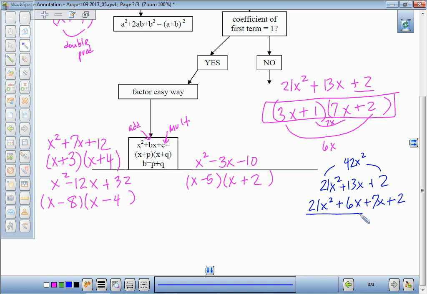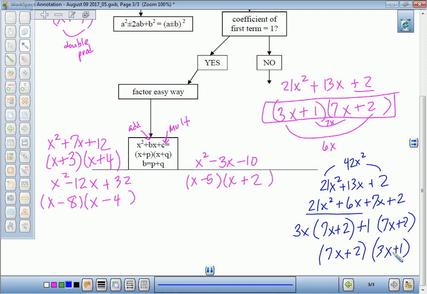Then you would do 4-term grouping here. Looking at the first group, you would take out a 3 and an x, and that would leave you with 7x plus 2. We want this to stay the same, so we have our 7x plus 2. You would factor out a positive 1, so then you would pull out what they have in common. You would group what's left, and we get the same answer after a lot of work. So those are our methods of factoring.